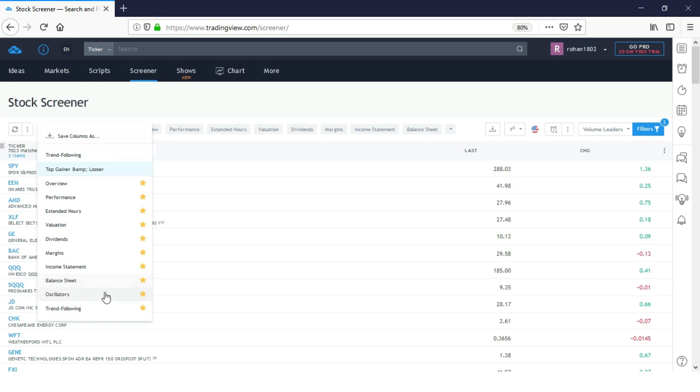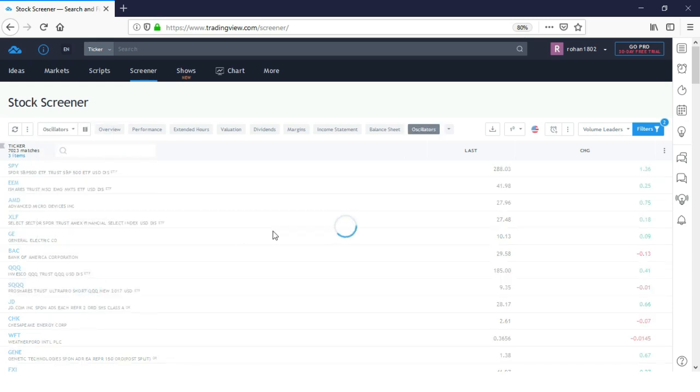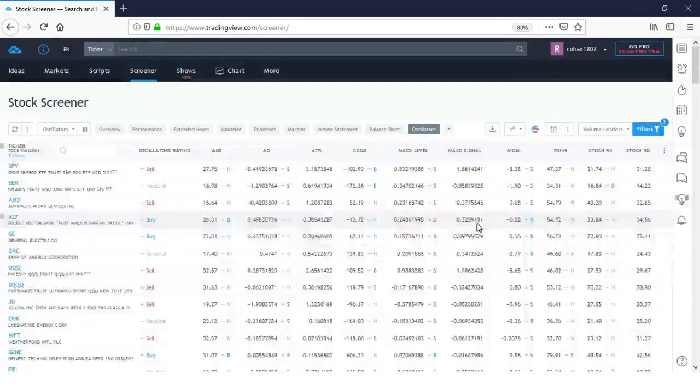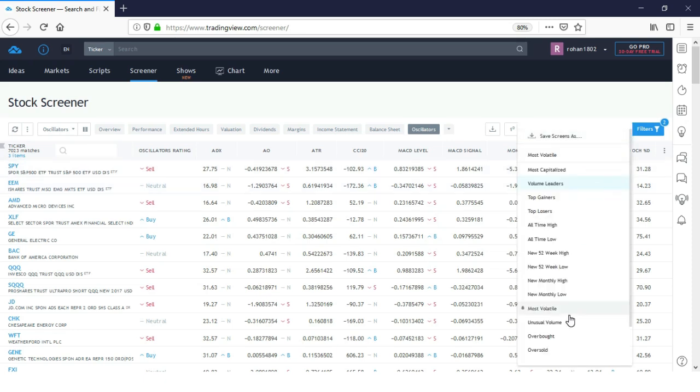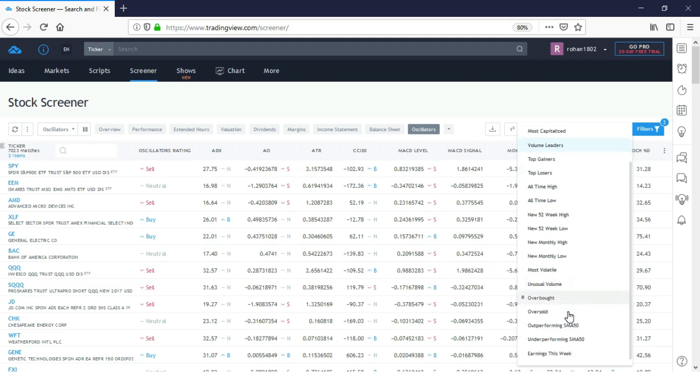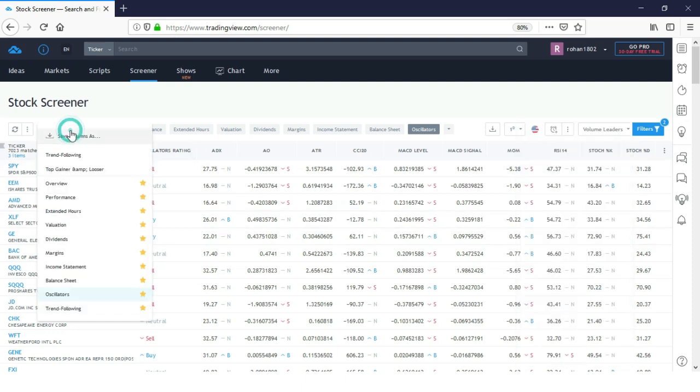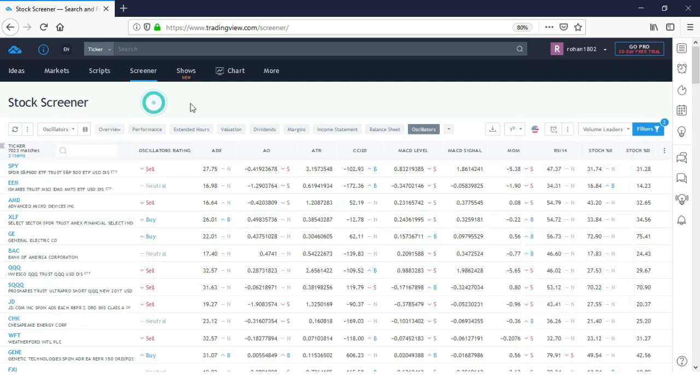So let's check. We choose oscillators. There are so many oscillators over there. We have just identified the oscillators, filtration on the basis of our system.